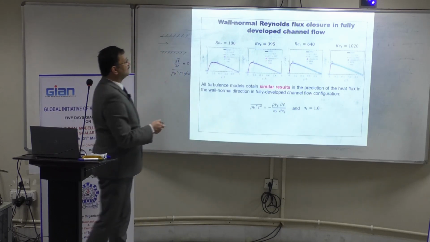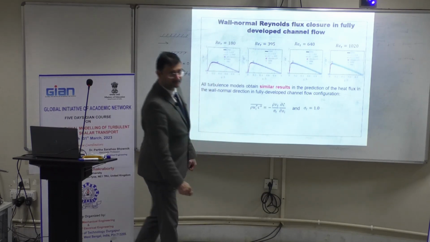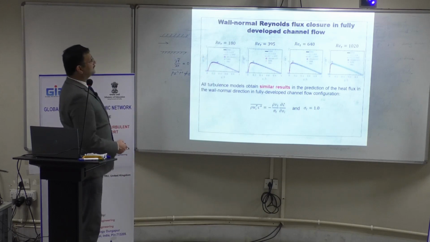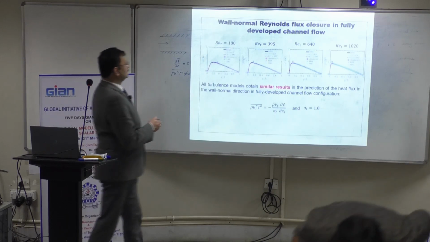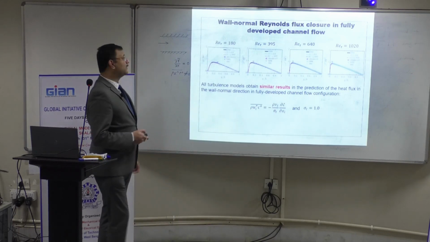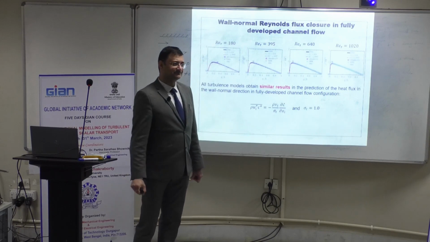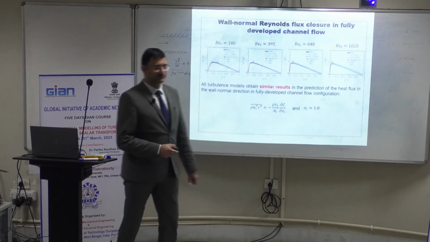Okay. LRR is a Reynolds stress model, SSG is a Reynolds stress model. And if you are considering the wall-normal Reynolds stress closure, in the wall-normal direction, they actually do a decent job. The gradient hypothesis model.